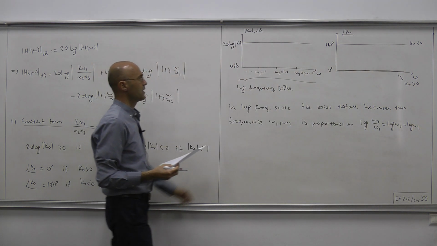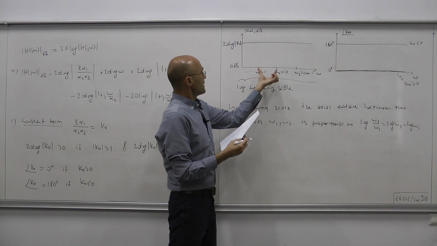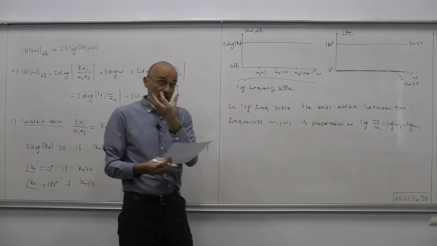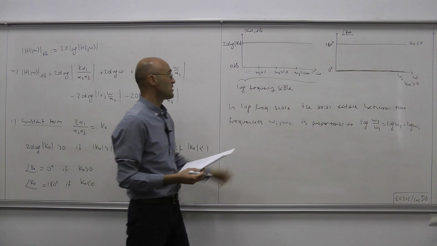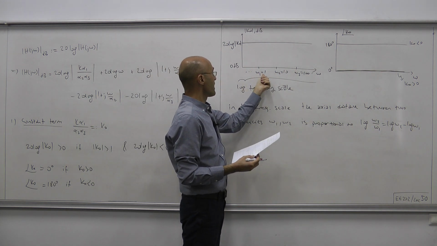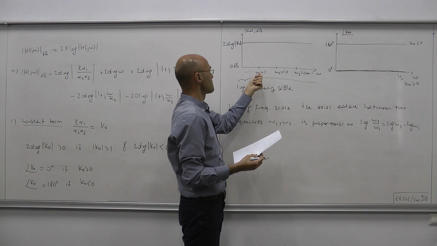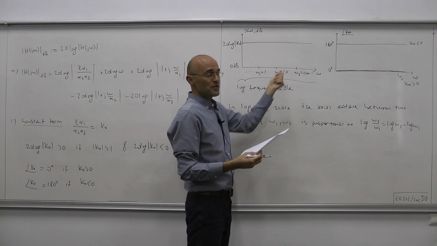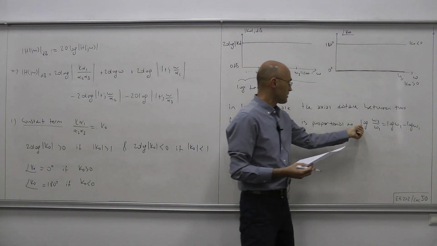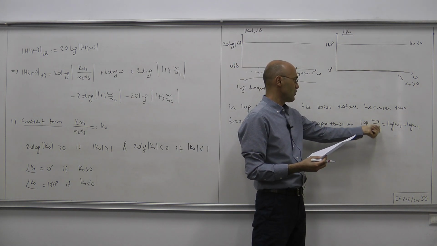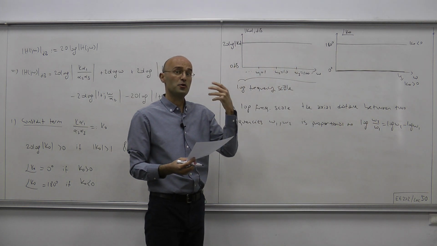Okay, so here note that this distance and that distance, as seen by the eye, are the same, and that's because from omega 1 to omega 2 you move 10 times, and then you take the logarithm of 10 over 1, which is log 10, which produces 1.